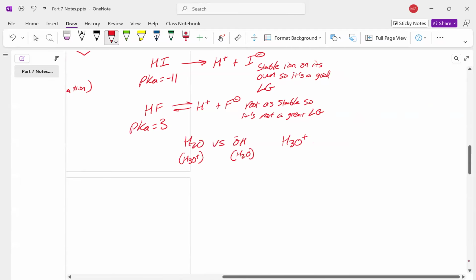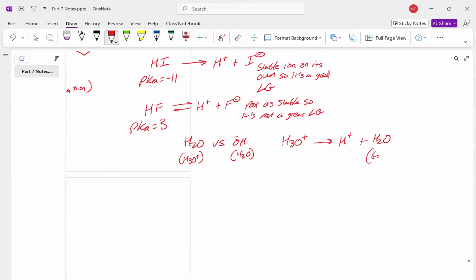Hydronium will dissociate into H plus and H2O. Well, water, we better hope it's stable. It's the important thing that keeps us alive. The conjugate base of hydronium is water, and water is a great leaving group. It's so stable. And we would predict that because the pKa of hydronium is negative 1.7.